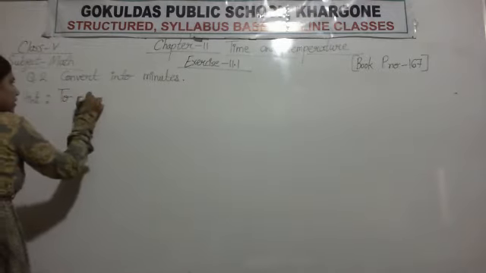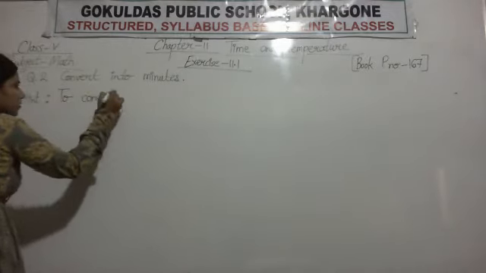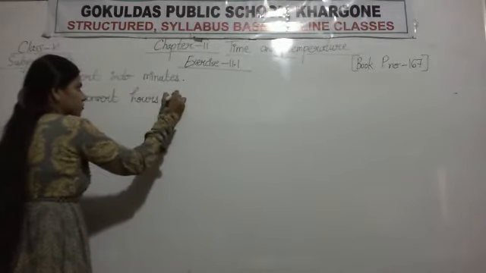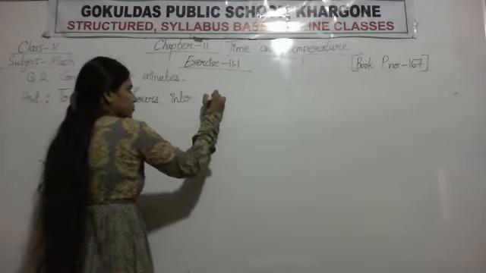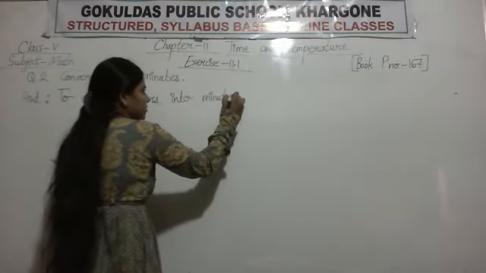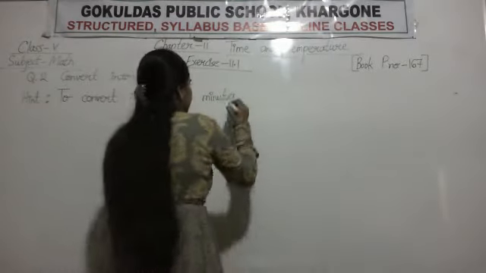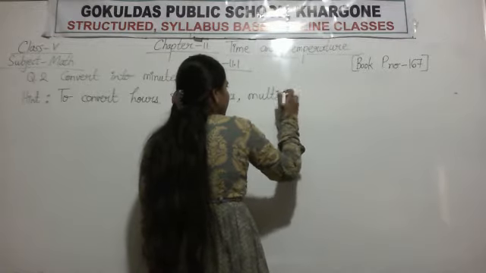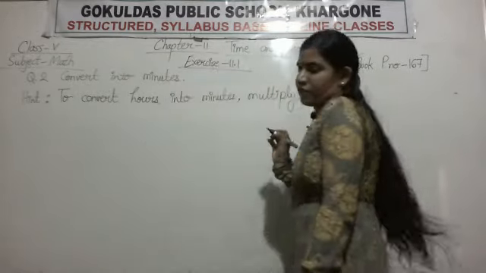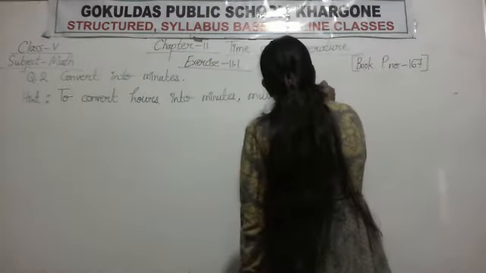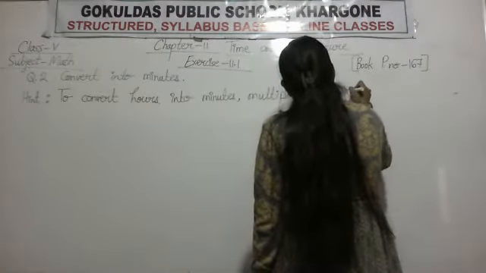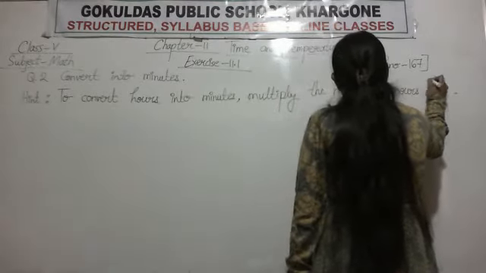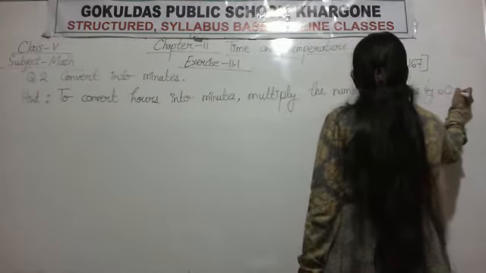What is the hint? To convert hours into minutes, multiply the number of hours by 60.